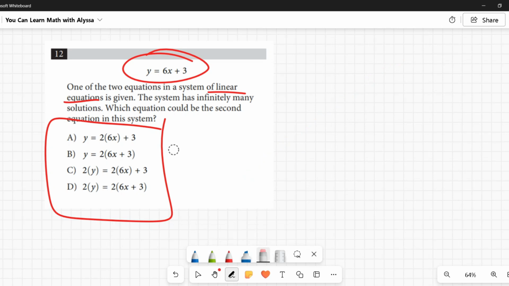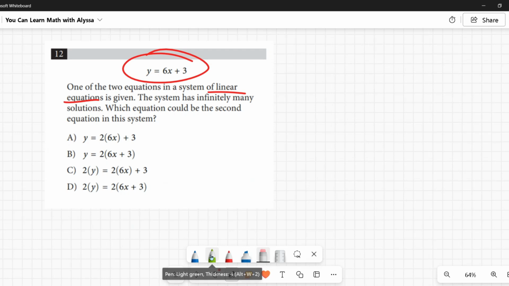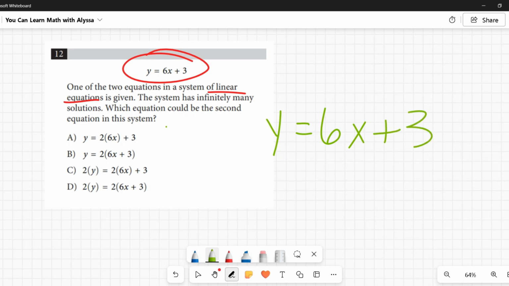My personal preference is to look at them and see if there's a way that I can do this more quickly than that. We always want to have time on our side on the SAT. We want as much time as we can on these earlier questions, to save for those more difficult questions later on. So to get from y equals 6x plus 3 to one of these, what's happening over here?